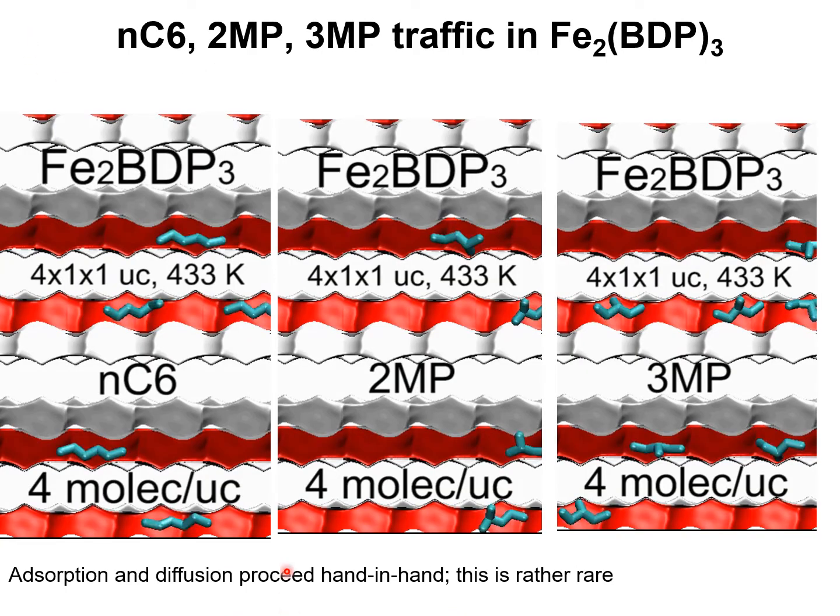Let's consider the traffic of linear hexane and monobranched isomers 2-methylpentane and 3-methylpentane as it moves within the triangular channels of Fe2BDP3.